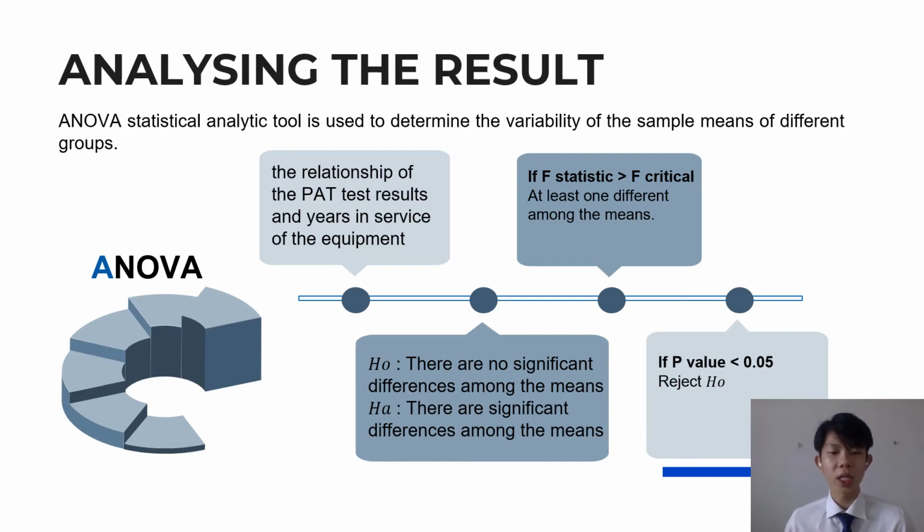There are two hypotheses made. The null hypothesis is that there is no significant difference among the means. The alternative hypothesis is that there is a significant difference among the means. If the F statistic is greater than F critical and the p-value is less than 0.05, the null hypothesis is rejected, meaning there is a significant difference among the means.